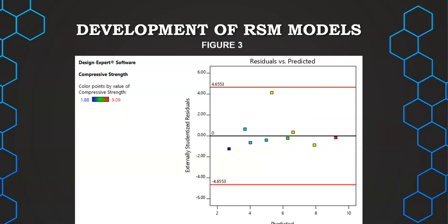And figure 3 shows the relationship of compressive strength between the residual and predicted response. From figure 3, it can be seen that all the data fall between the limits, which are 4.6553 and -4.6553, and also closer to the 0 line. So from all these graphs, it can be concluded that the modeling for compressive strength is acceptable due to the high accuracy of the data obtained.